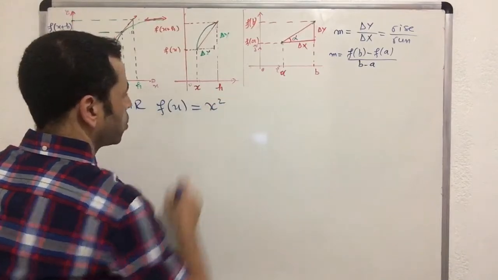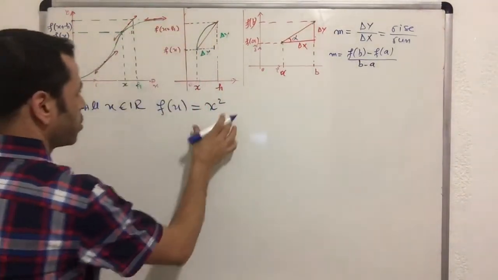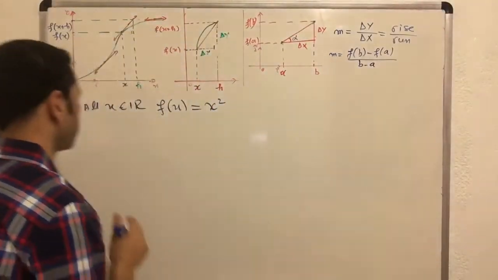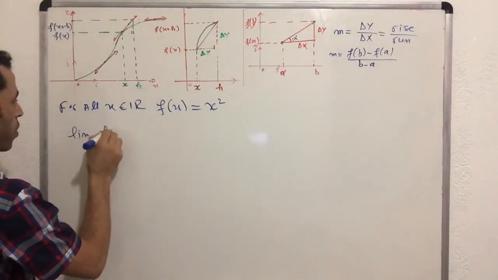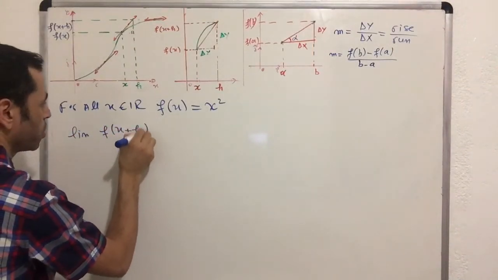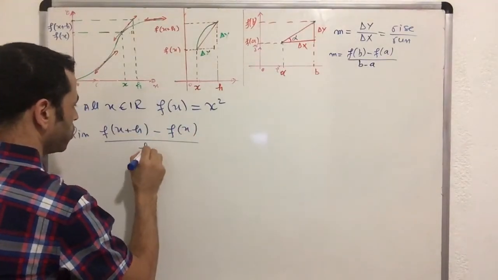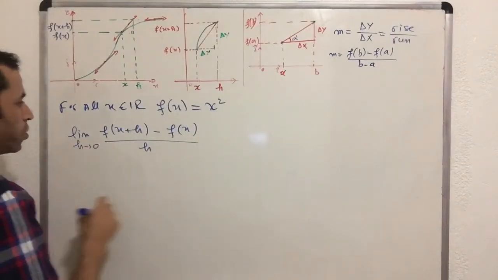We are going to calculate f prime. How to find f prime? Let's use the same rule of the limit in order to find f prime. So that means the limit of f of x plus h minus f of x over h, where h is going to 0.